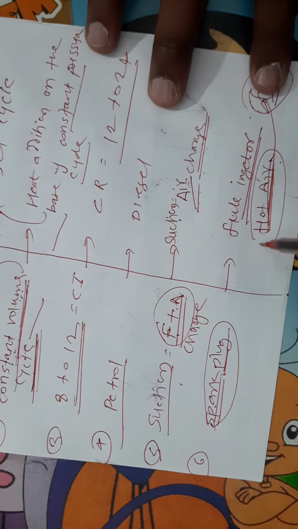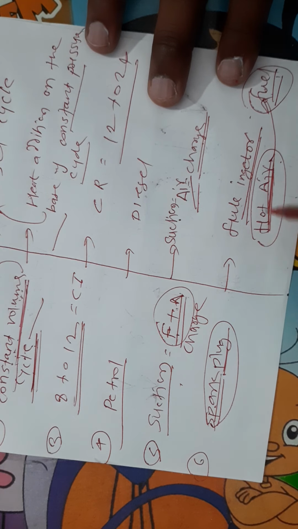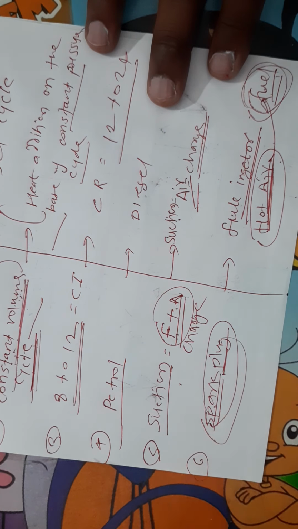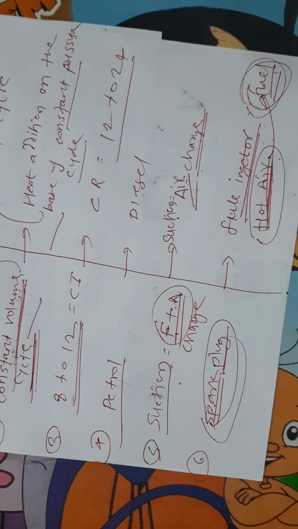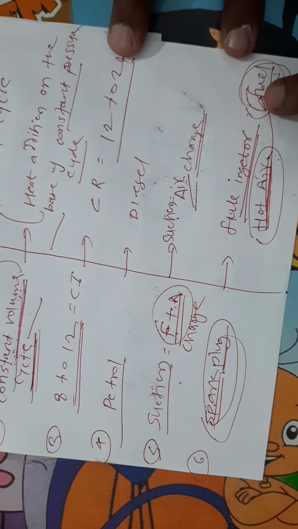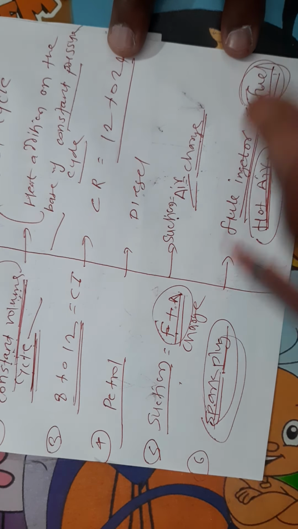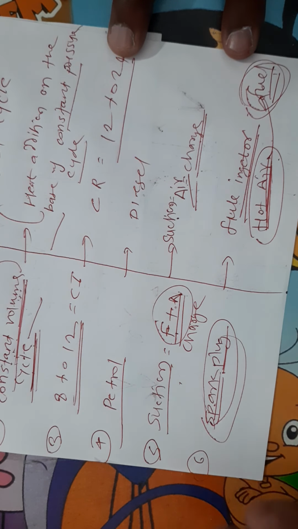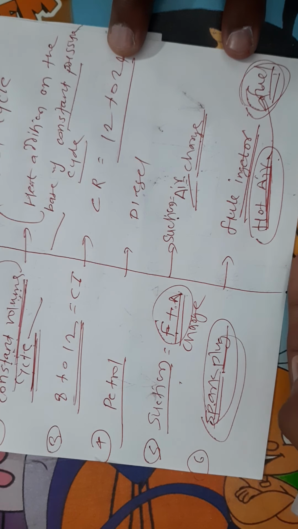So with the help of hot air we burn our fuel, and with the help of the spark plug we burn our fuel in the petrol engine. So in the petrol engine, the spark plug is used to ignite our fuel, and in the diesel engine, hot air is used to ignite our fuel. Hot air means, as you know very well, the air in our diesel engine at the end of the compression stroke.